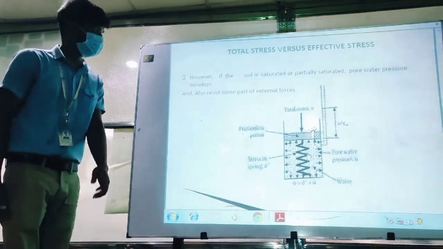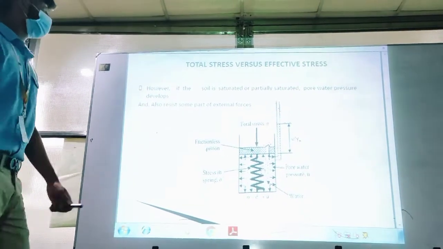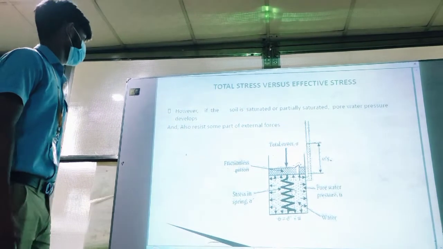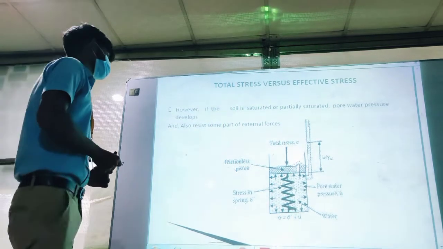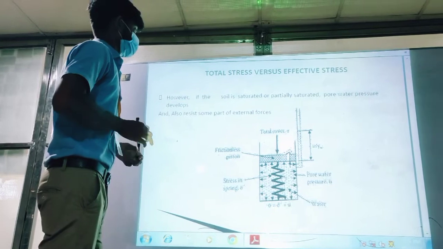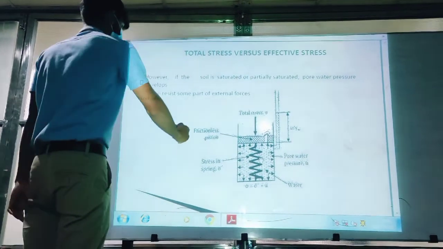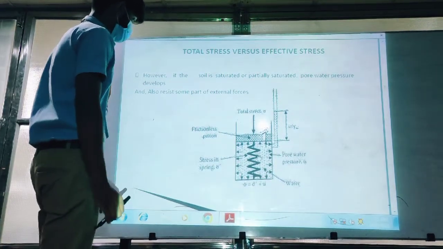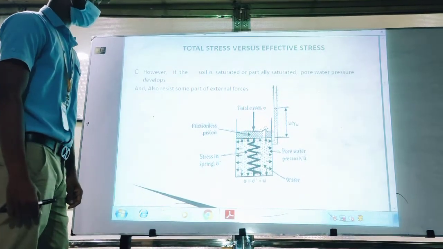Today I'd like to discuss what is effective stress. How it works if the soil is partially saturated, with water pressure inside, and also there is some part of external force. We can easily explain this with a soil example. Now we use a container, and this is a piston. Push this piston, and we have the space for water pressure.